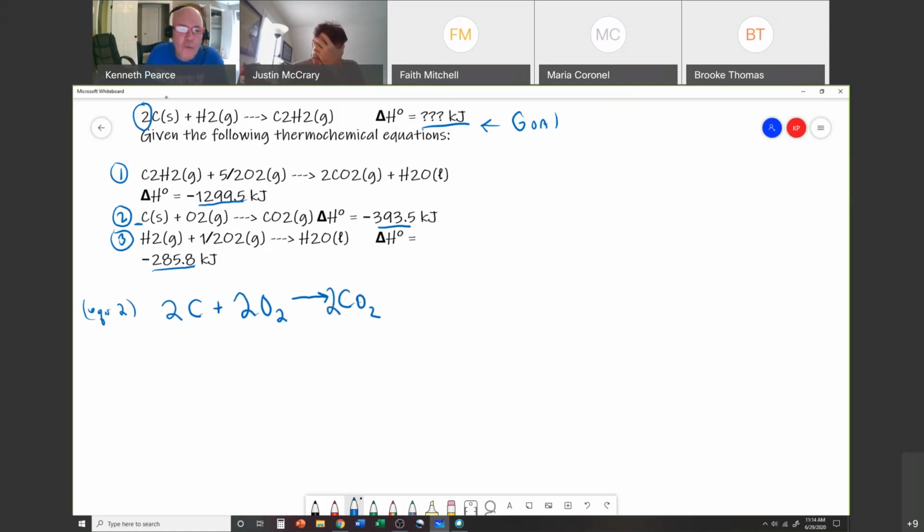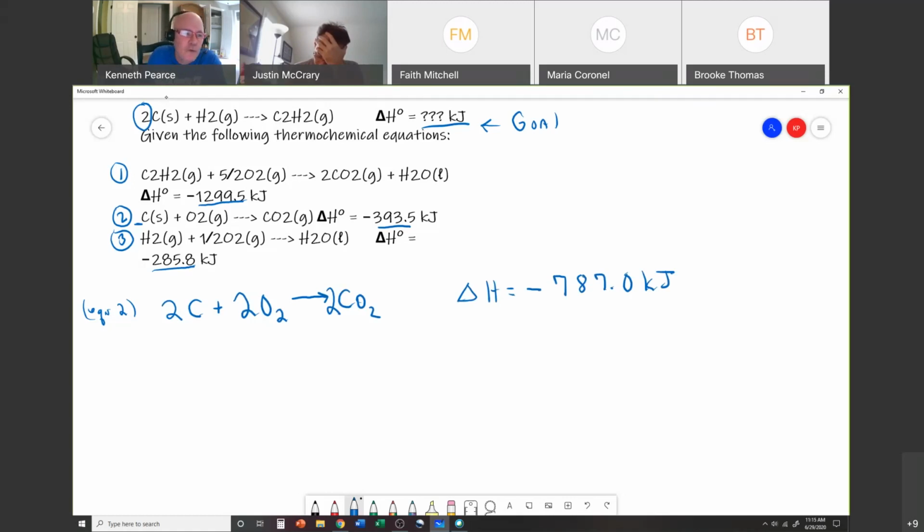And since I've multiplied everything by 2, I better multiply the delta H by 2 as well. And since I didn't change direction, it's going to stay minus. So I go minus, what is that? 780. What is that? 367.0 kilojoules. Okay, and I just did that in my head, so let's make sure that's right, and it is.